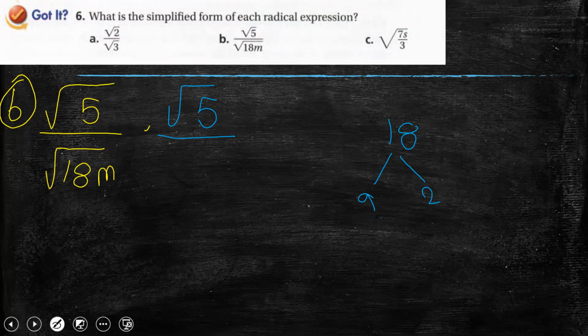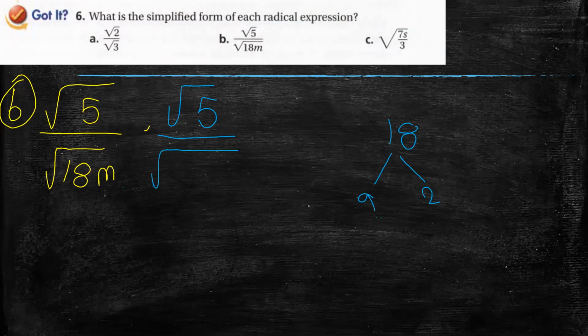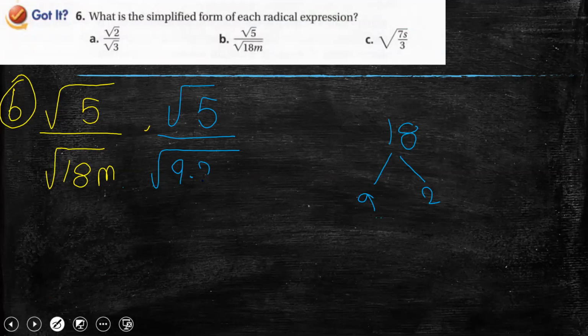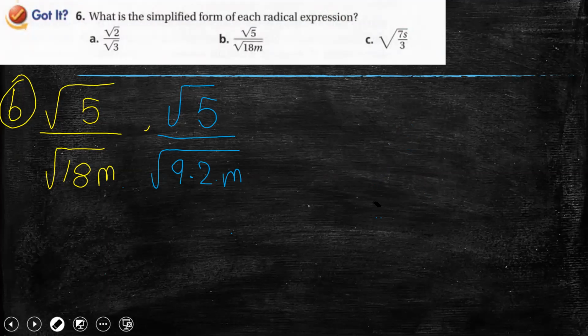Now, which one is a perfect square? 9. So I can now write square root of 18m as 9 times 2 times m. I can write 18 as 9 times 2. Then let's simplify it. Keep the top as it is.